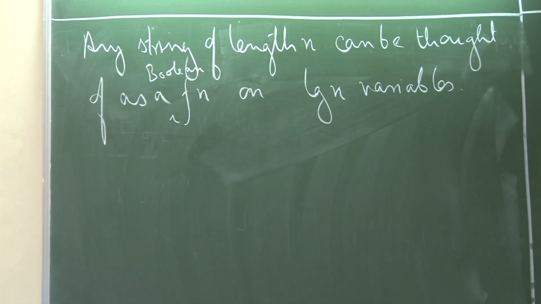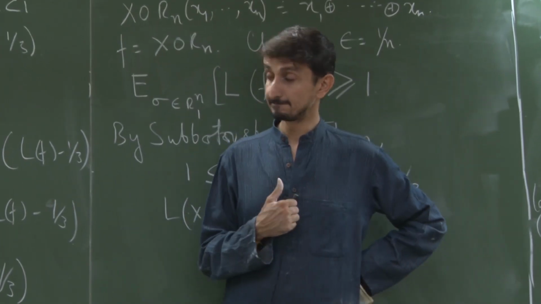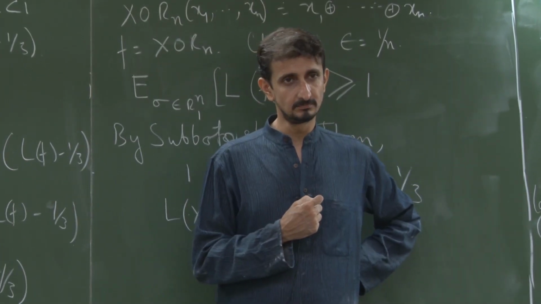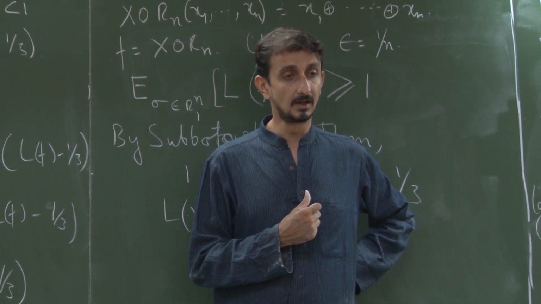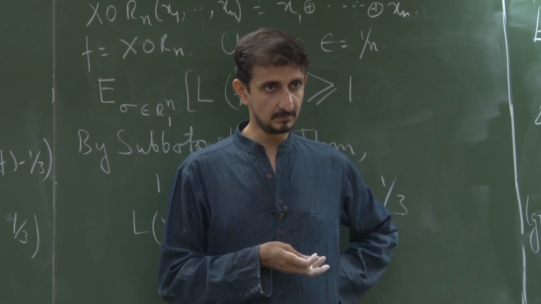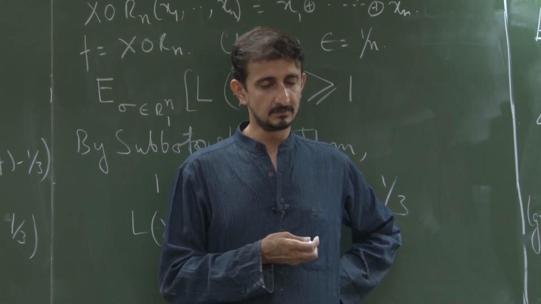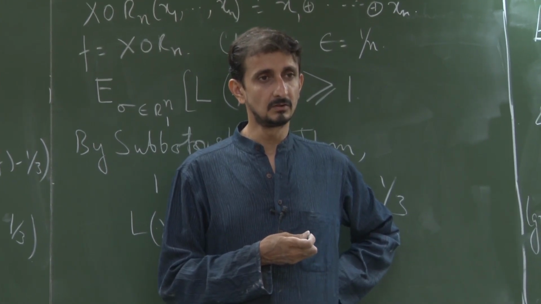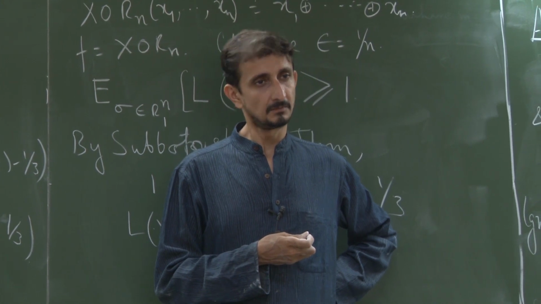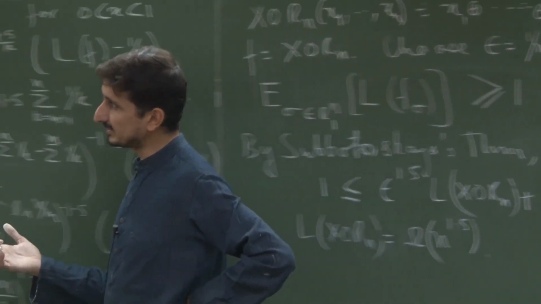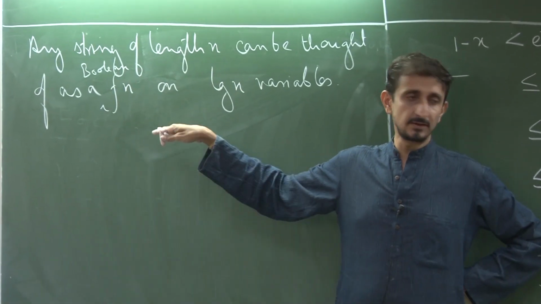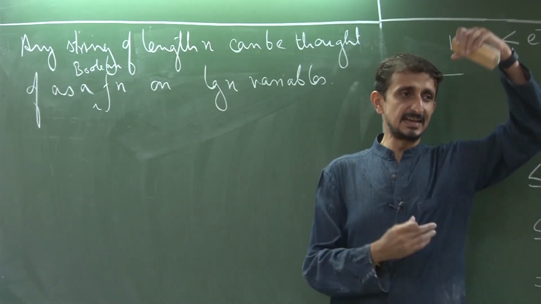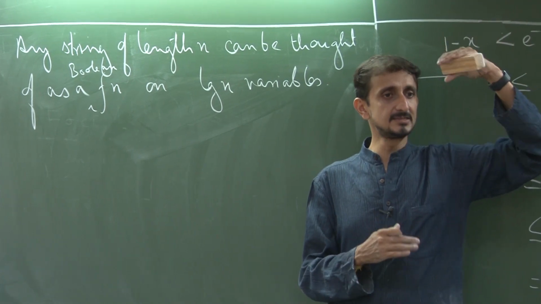How do you think of a string as a function? Exactly. So, essentially what you are saying is that this is the truth table of that function. If I have a function on log n variables, the size of the truth table is 2 to the power log n, which is n.